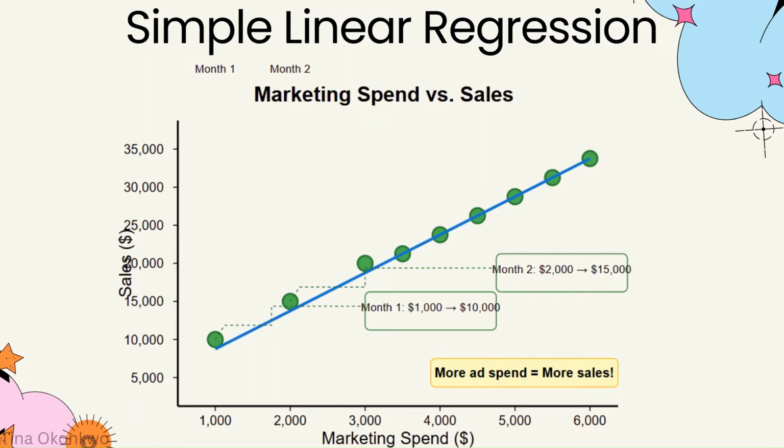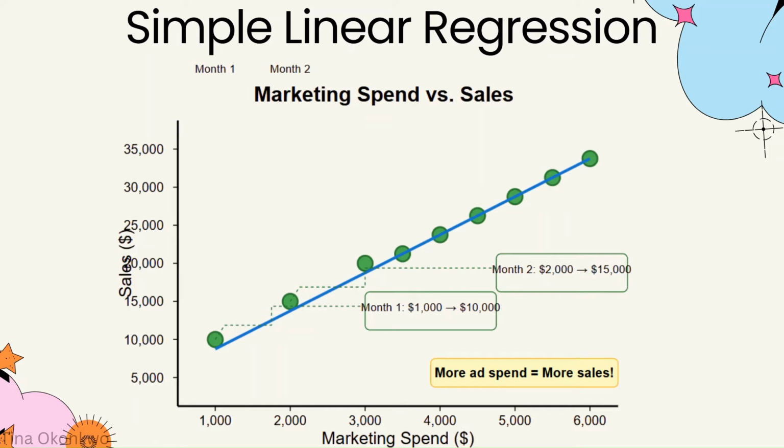By fitting a line through this data, regression helps you draw a conclusion. For every additional dollar you spend on ads, you can expect a certain increase in sales. For example, the equation of this line might look like this: sales equals 5,000 plus 5 times the money you spend on ads.